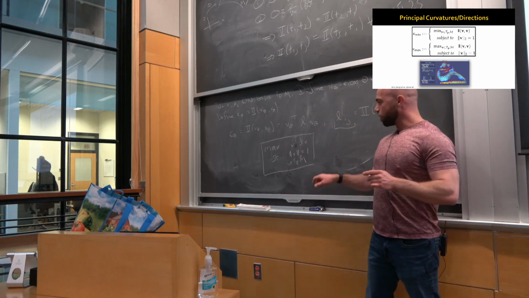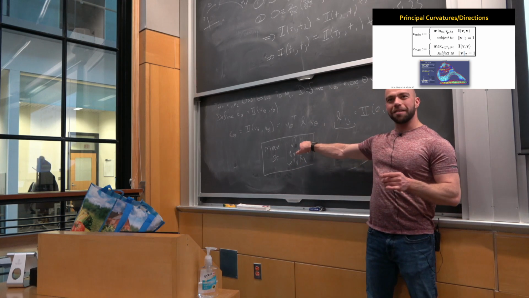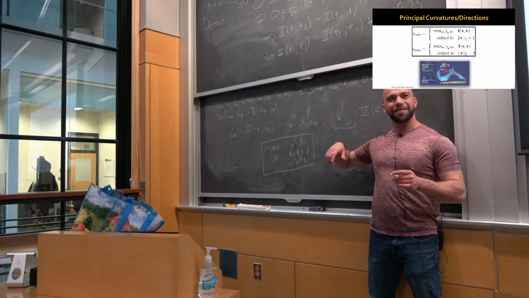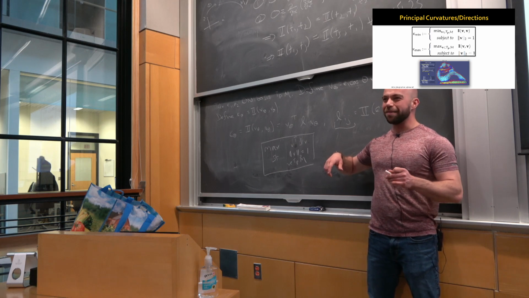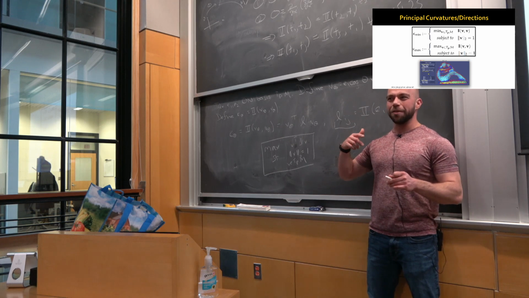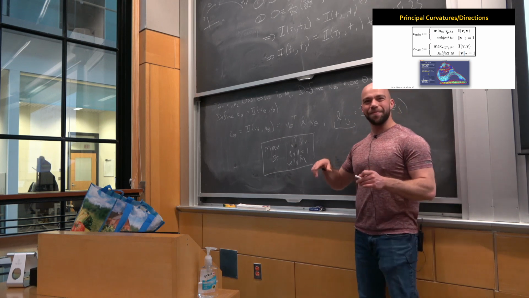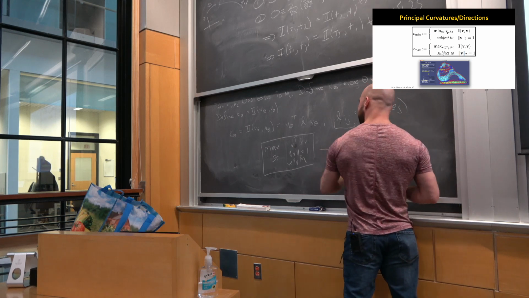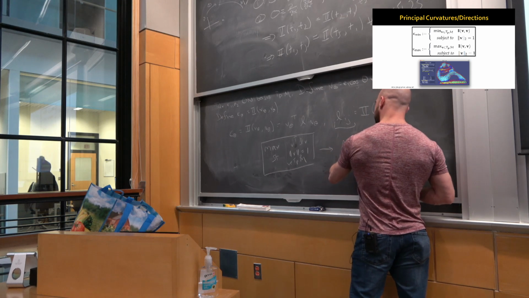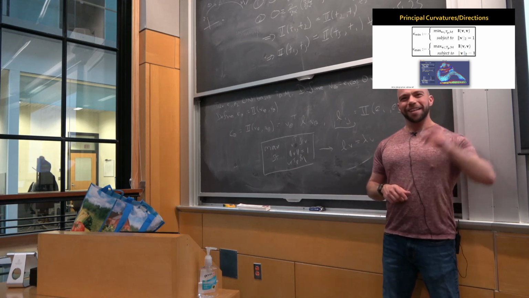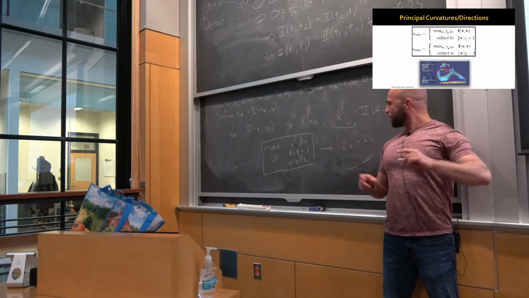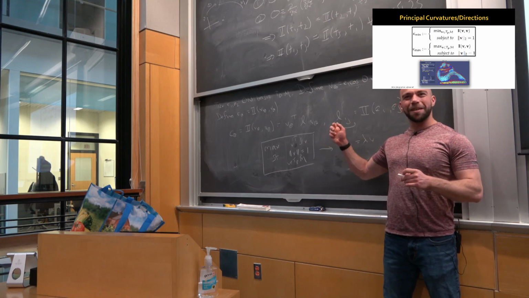Over all the unit vectors, I want to maximize this particular quadratic form. If you work through the Lagrange multiplier condition, which I encourage you to do at home, if this is not a turn-the-crank thing for you, that's great. You really should do it at home. What you're going to show is Lv equals lambda v. Namely, the principal directions are just eigenvectors of this 2x2 matrix.